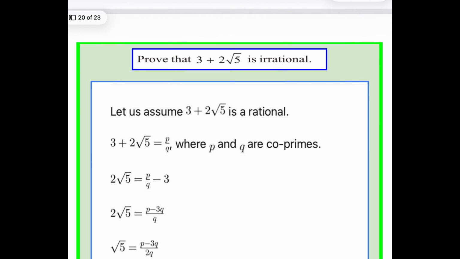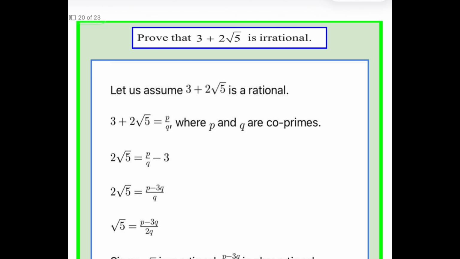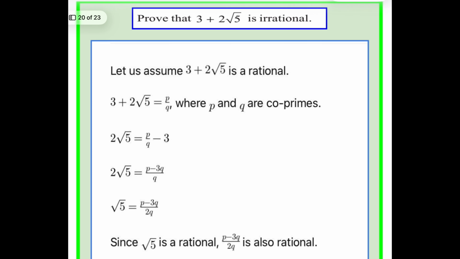Next type of proving irrational number. This they will ask for 2 marks. Prove that 3 plus 2 root 5 is an irrational number. Let us assume 3 plus 2 root 5 is rational. 3 plus 2 root 5 equal to p by q. 2 root 5 equal to p by q, plus 3. If you transpose this side, it becomes minus 3. Then if you take the LCM, p minus 3q by q.